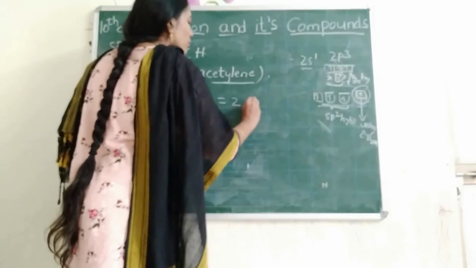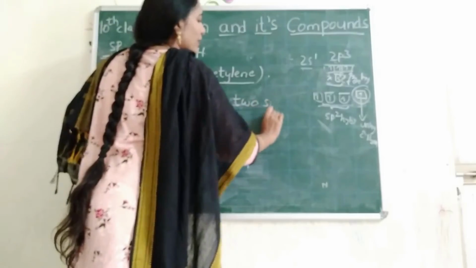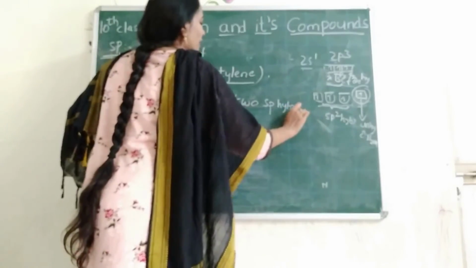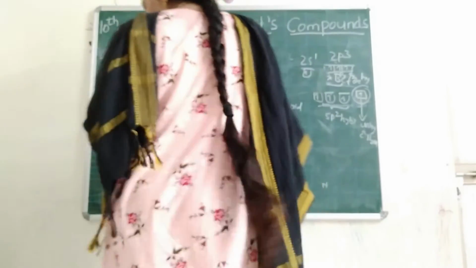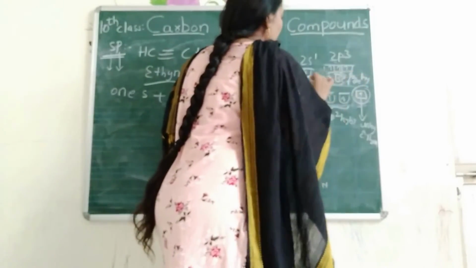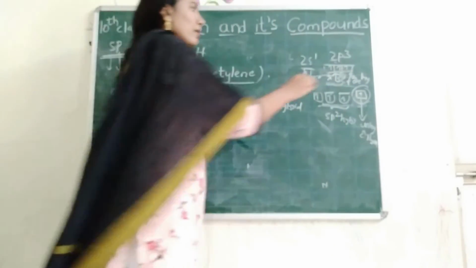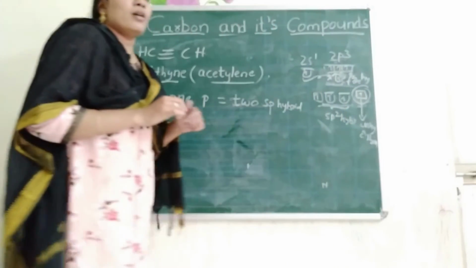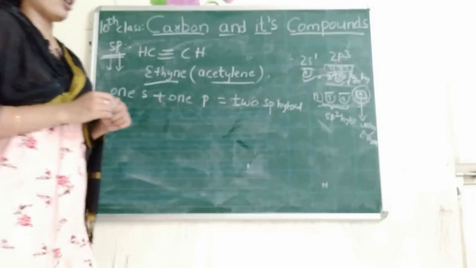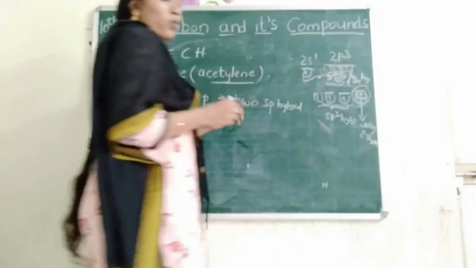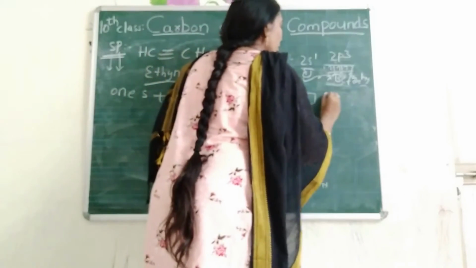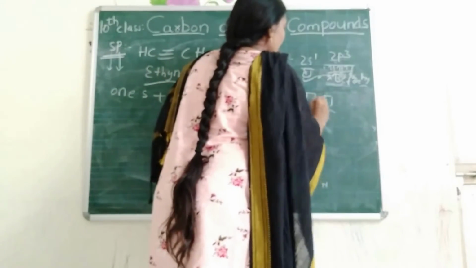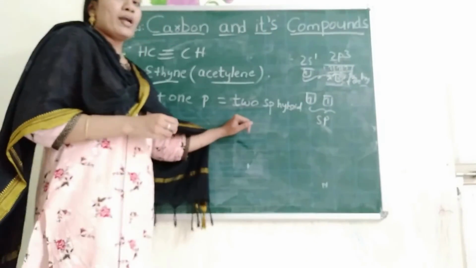One s orbital intermixes with one p orbital and forms two sp hybrid orbitals. The remaining two p orbitals act as unhybridized orbitals.